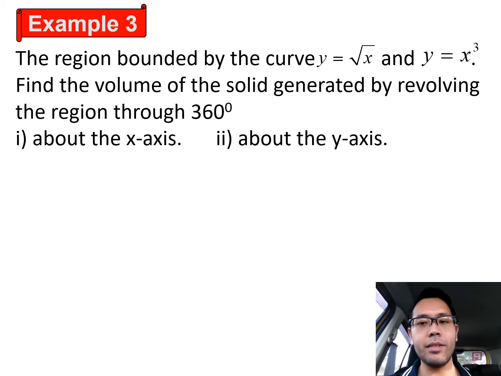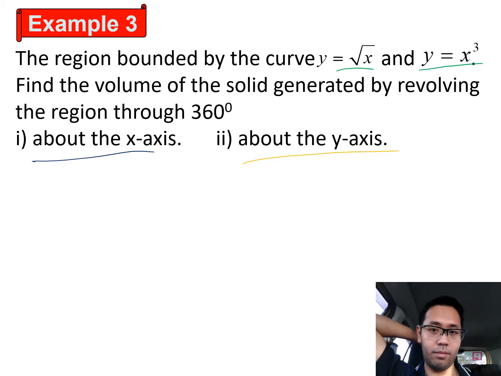Okay, so let's try this question. Curve by this one and that one. Oh, now it has both sides. It has the x-axis and the other one has the y-axis. Okay, so let's begin. Let's see how the graph looks like.